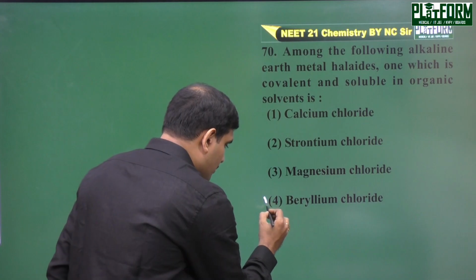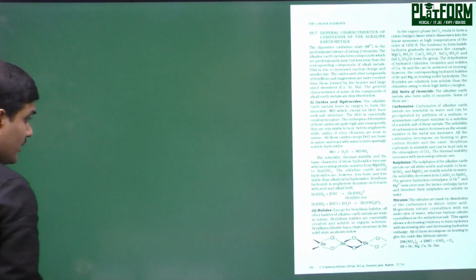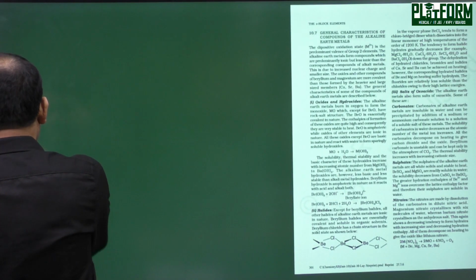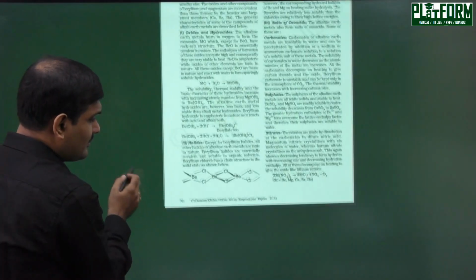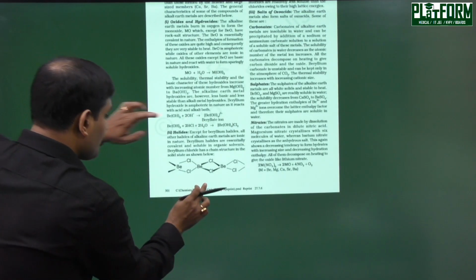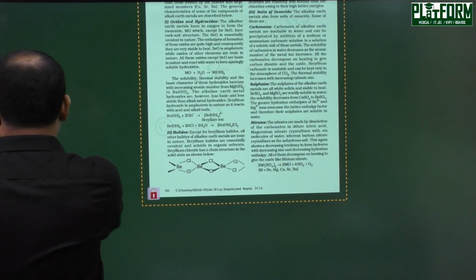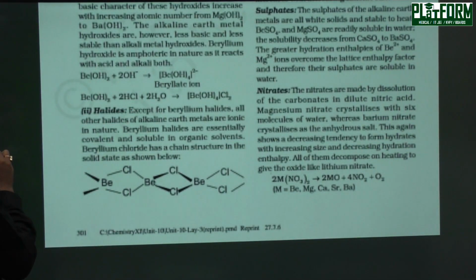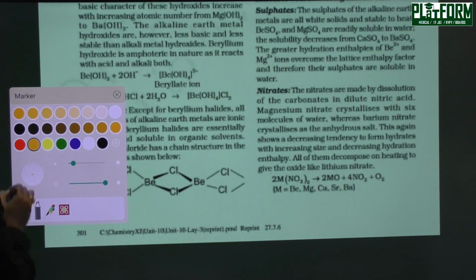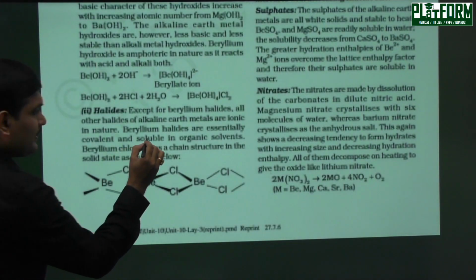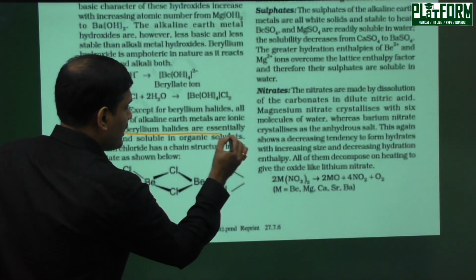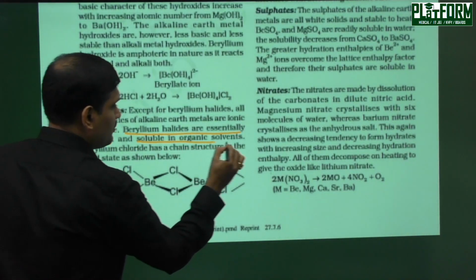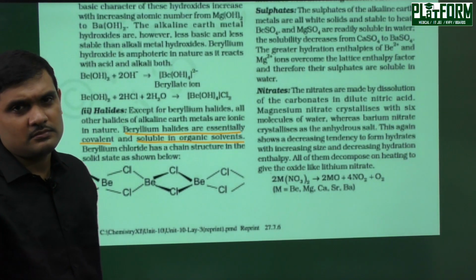If we go through this NCERT text again and follow this portion, you will get the same lines, exactly drawn from the NCERT text: beryllium halides are essentially covalent and they are soluble in organic solvents.